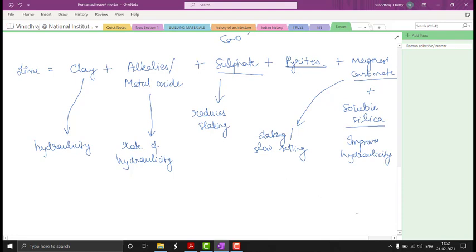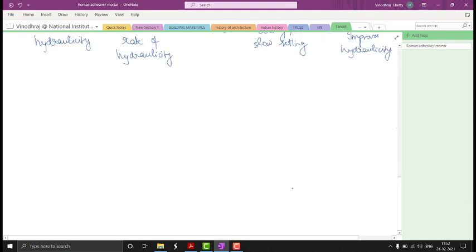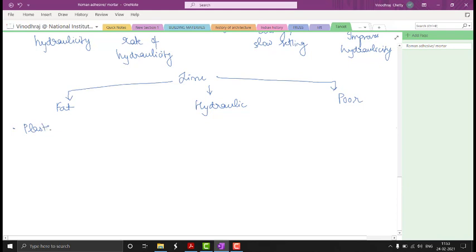Talking about further classification of lime, there is fat lime, hydraulic lime and poor lime. These are the market forms that are used. Fat lime is basically used for plastering and whitewashing.